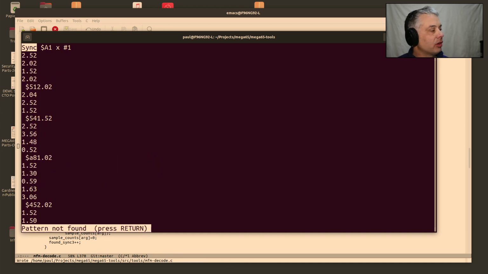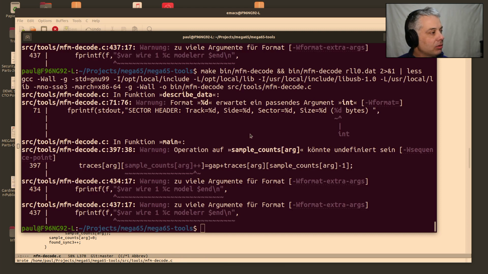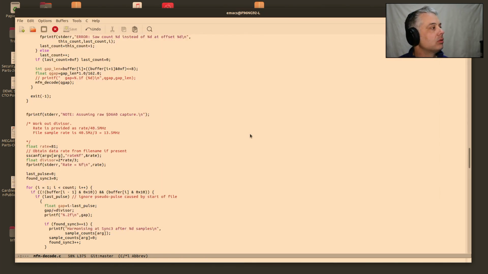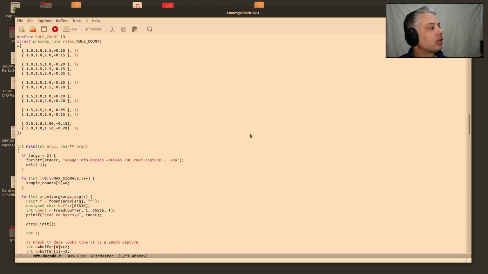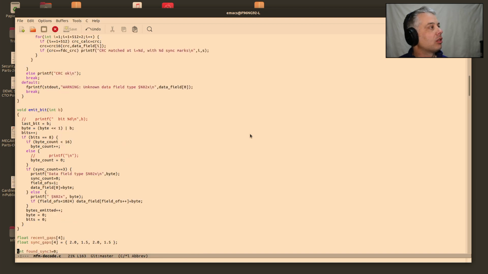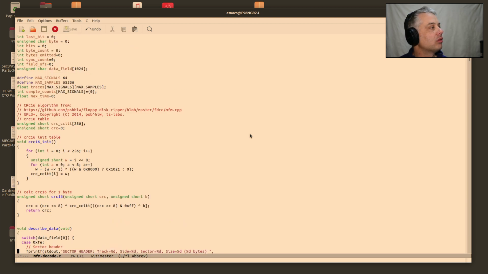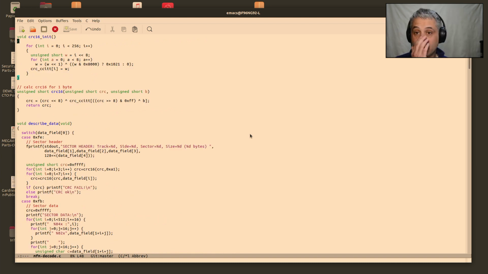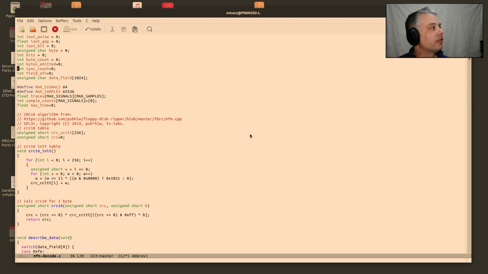I'm not convinced that it's in the right mode, because there's some other funky options for this thing somewhere. Pre-comp rules, gap quantize. Because we know that the track information block is good, because we actually see it being read, showing the data rate for it.